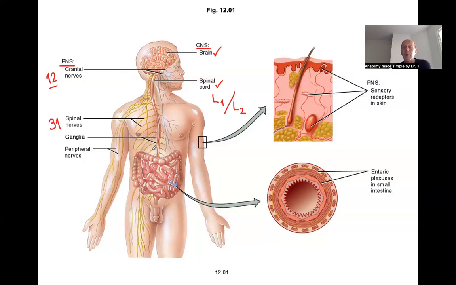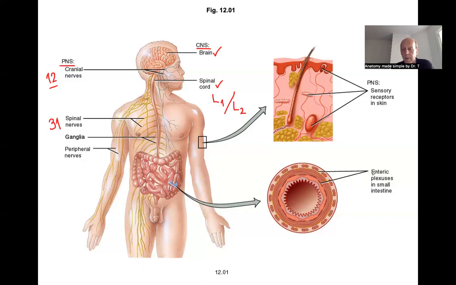Hence the name autonomic nervous system, the one which will be able to regulate function of a variety of different organs and organ systems, as illustrated here with the presence of all of these tiny yellow dots that are seen within the wall of a small intestine.